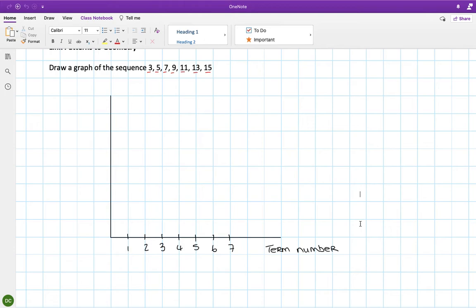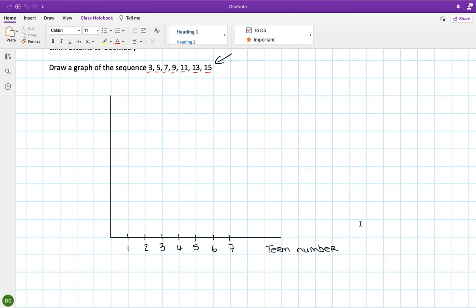Now, on the other axis, I have to put these numbers. Okay, but I don't have 15 spaces. So I'm going to have to go up in something other than ones. I can't go 1, 2, 3, up to 15 because I just don't have that much space. So the next most obvious thing is to go up in twos.